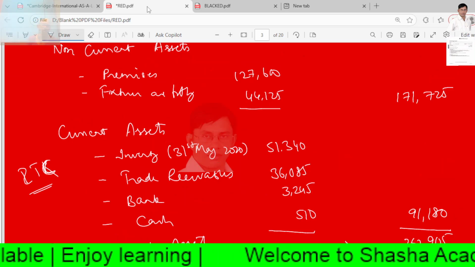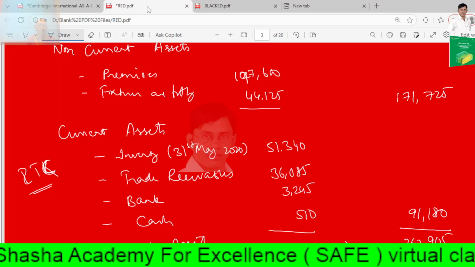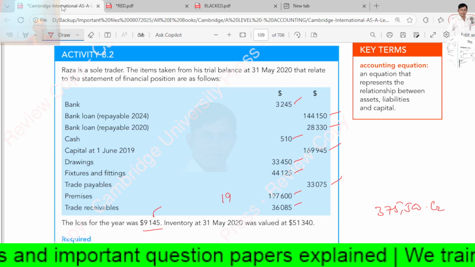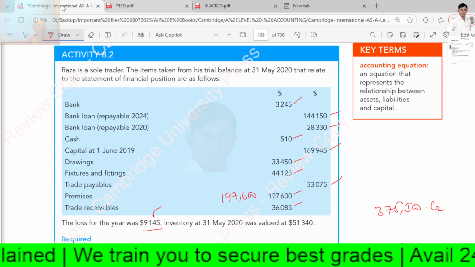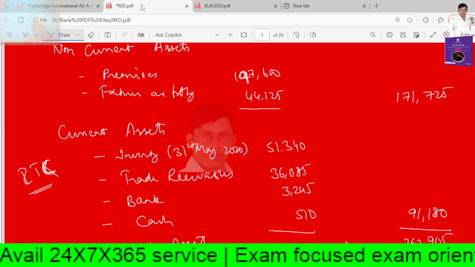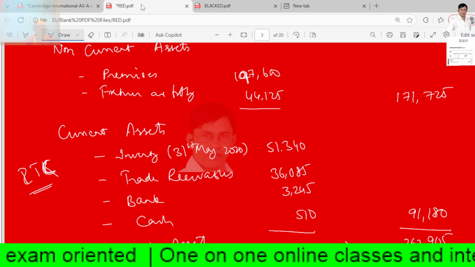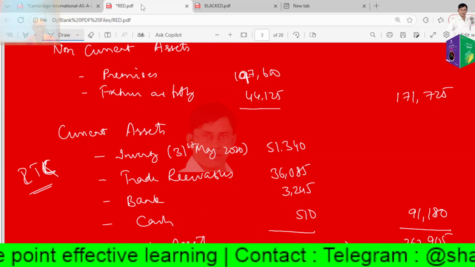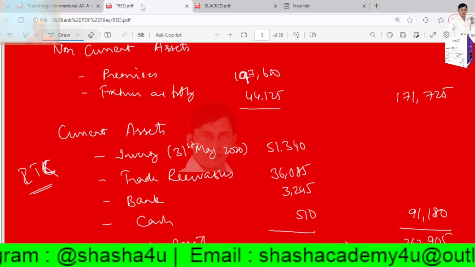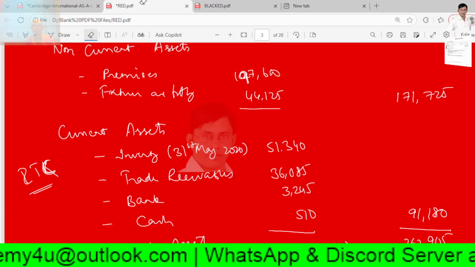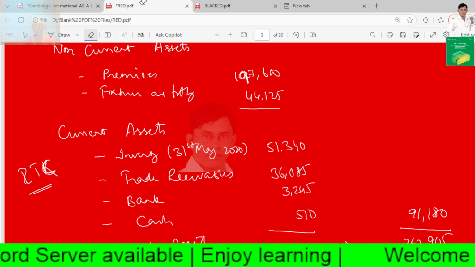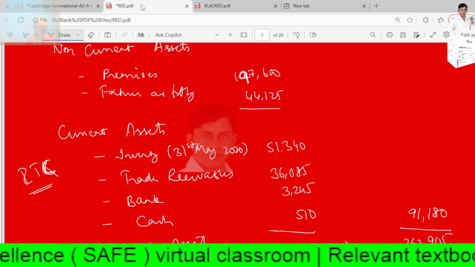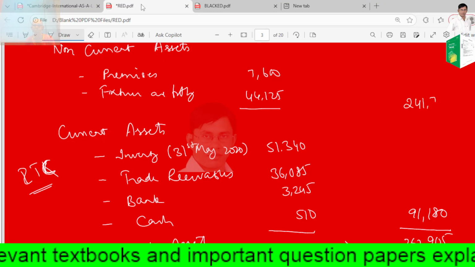So here is the error. So it is 197600. That is what, 70,000. So 197600 plus 44125, so 241725.